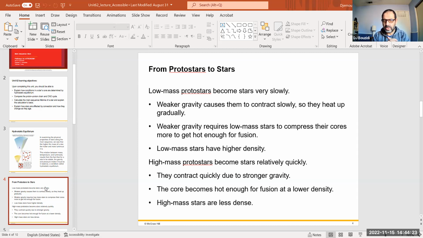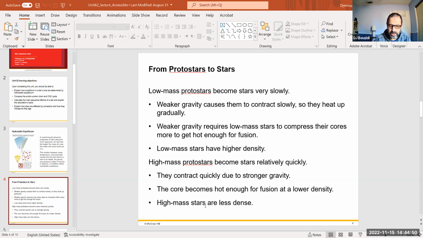And once it does, the temperature will reach a certain point, and now the nuclear reaction starts in it. So it's a little bit denser than in the case of the high mass protostars that are starting to form and make the new stars, because you have more materials, and before you reach that peak density, if you wish, of the materials, you have a lot of hydrogen already there, and the nuclear reaction starts.